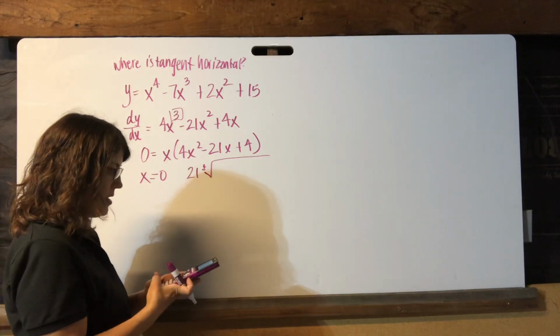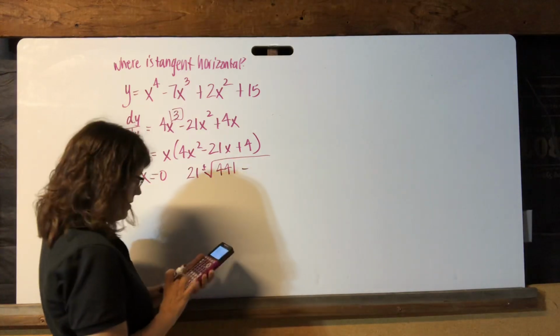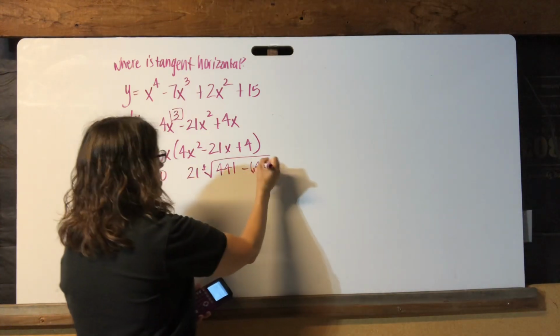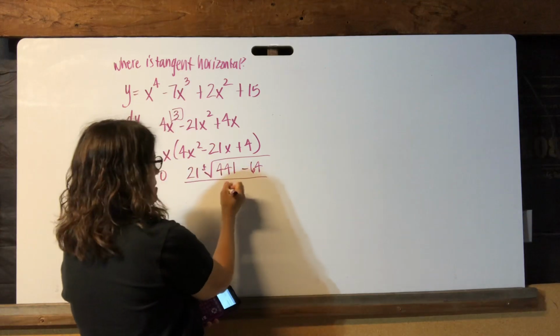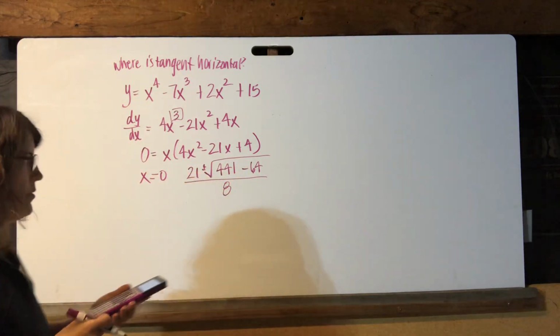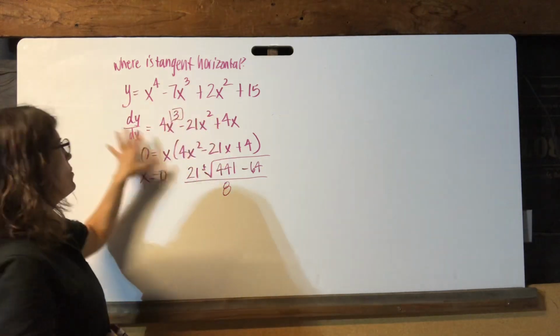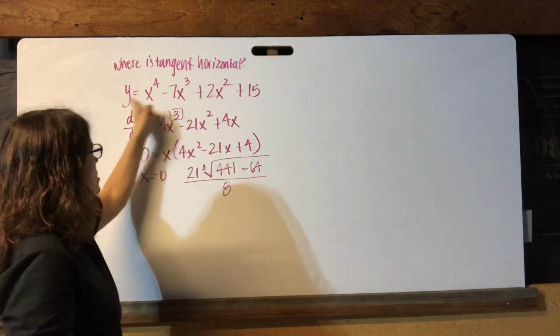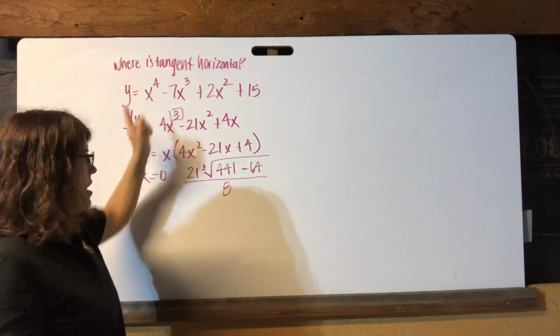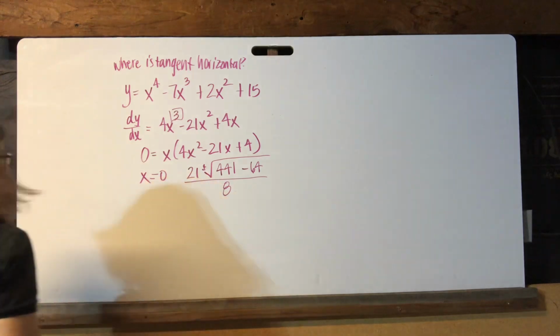Obviously, I messed this one up. 441 minus 64, all over 8. And then you would simplify this and get whatever you get. I don't know what it is. Again, I highly recommend that you plug the function into your calculator and check whatever 2 answers you get for this. All right, let's just finish it.